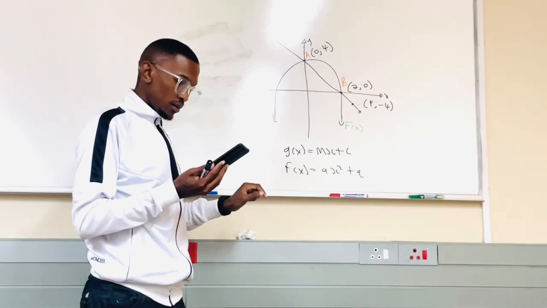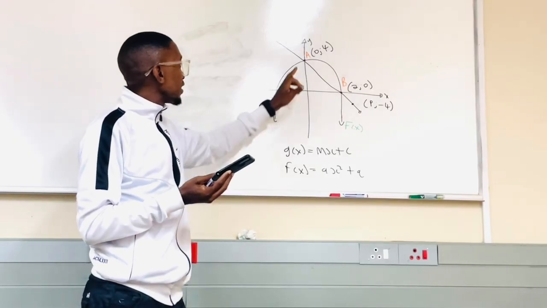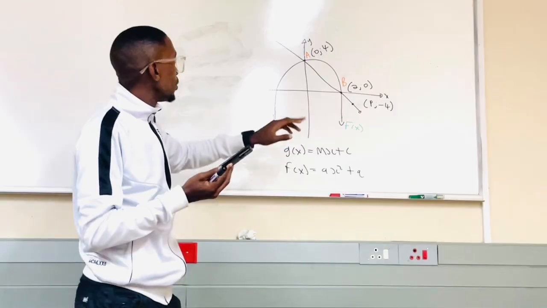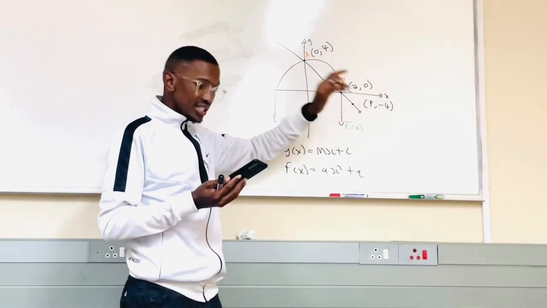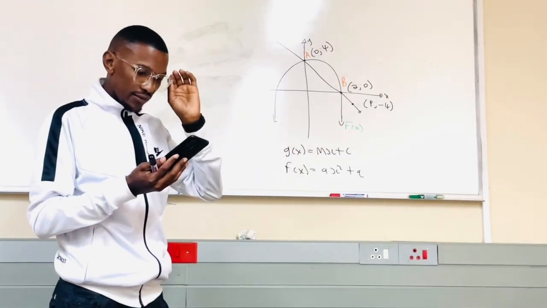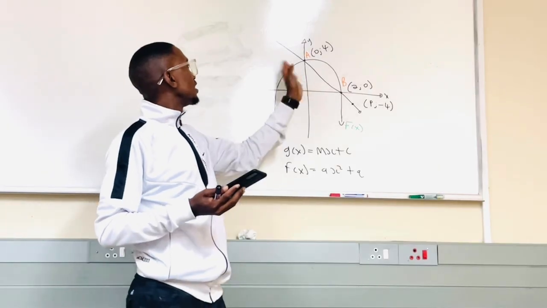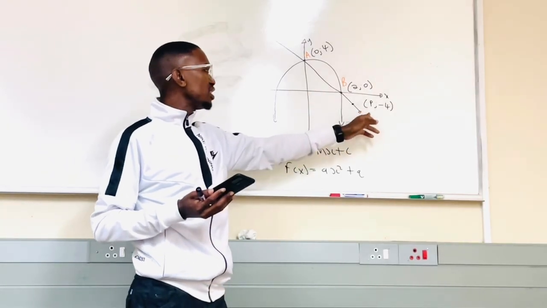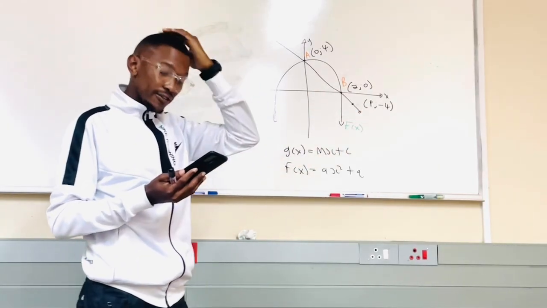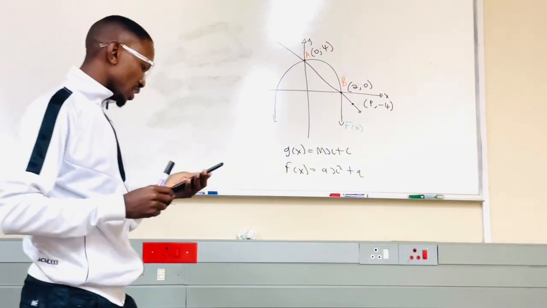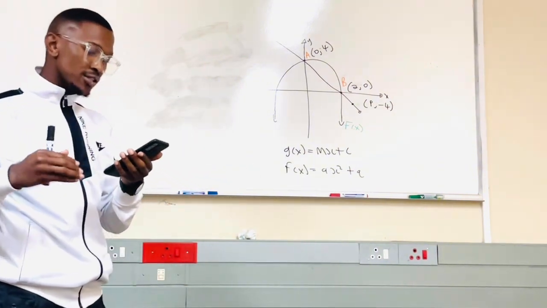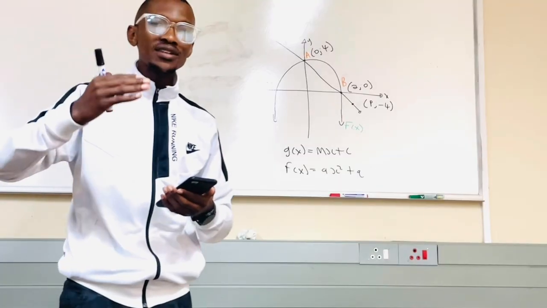Alright, we are given points A and B, which you can see point A is (0; 4), point B is (2; 0), and we also have another point alongside g of x, which is (p; -4). So the first question says, find the equation of line AB.